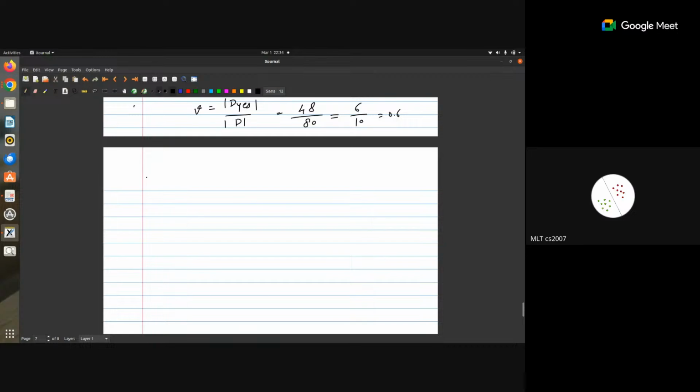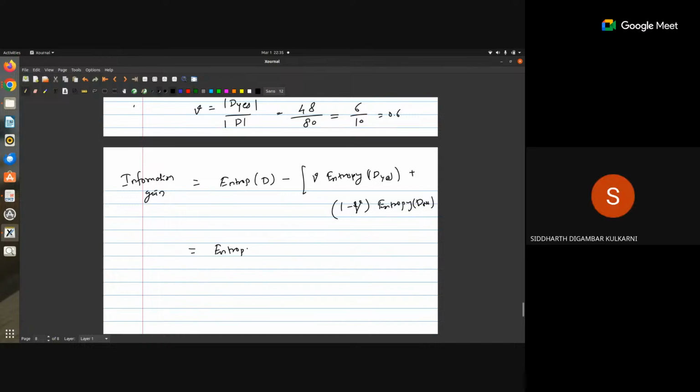Then the information gain will be the entropy at D minus gamma times the entropy of D_yes plus 1 minus gamma times the entropy at D_no. And the entropy of D_yes and D_no are the same, so you can take it common.